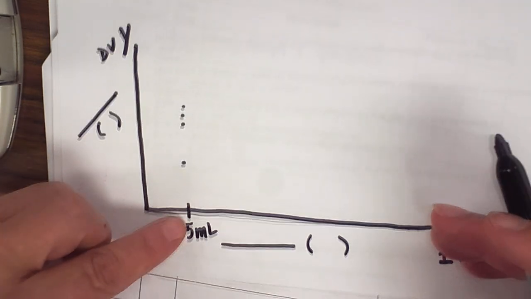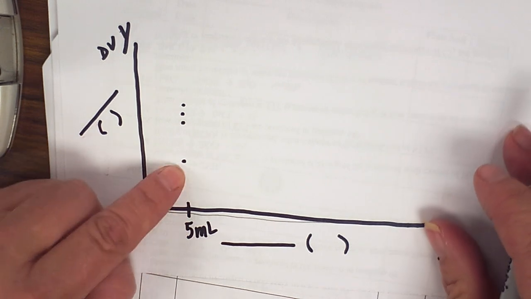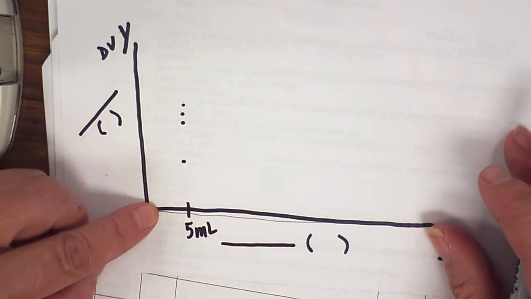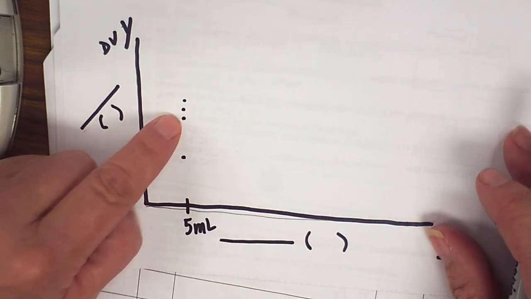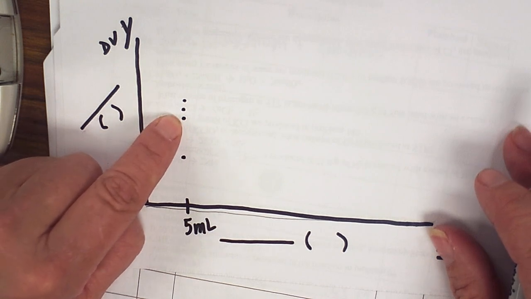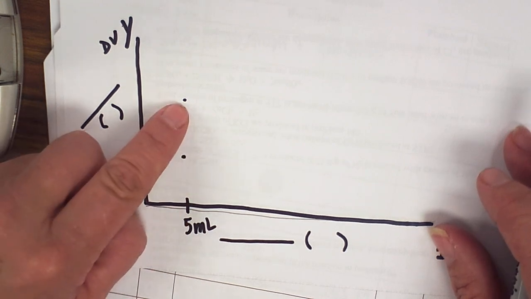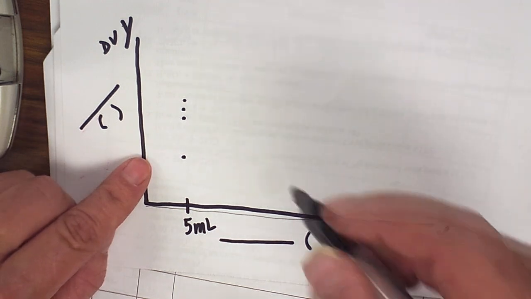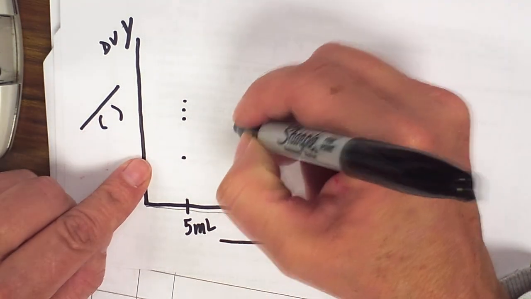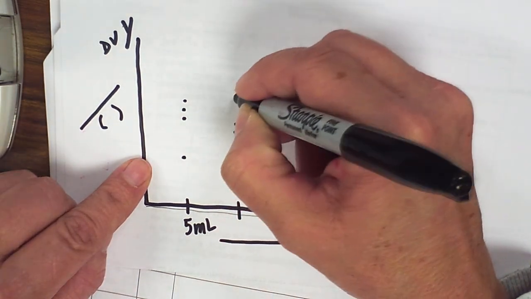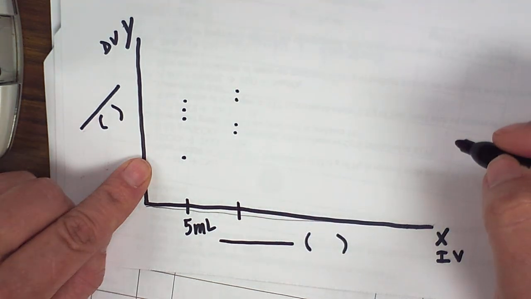So you're going to go over to 5 milliliters and graph the mass of the CO2. Everybody okay? So there's going to be 4 vertical points, and then at 10 milliliters, there'll be 4 vertical points. Just like this.